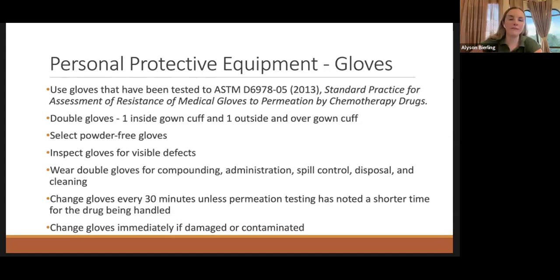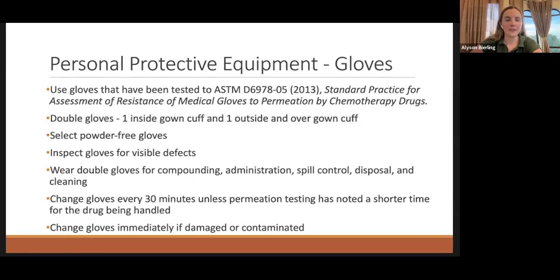So you would put one glove on the inside of the gown, and then put the gown on, and then put another glove on the outside. The gloves should not contain any powder. Of course, we want to inspect gloves before putting them on, making sure there's no holes or issues with the gloves.